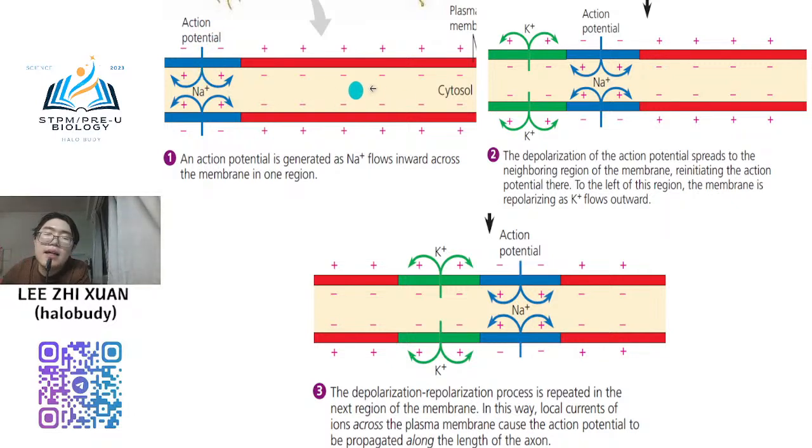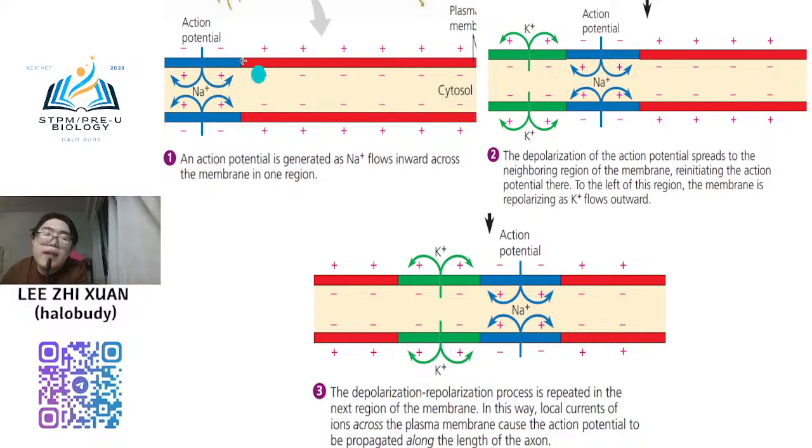Other regions still remain negatively charged. When the nerve impulse triggers the action potential, sodium ions influx into the axon. So now this region, I call it the A region, will become the action potential.